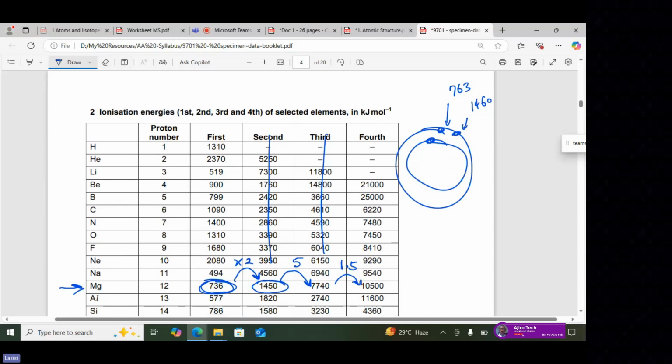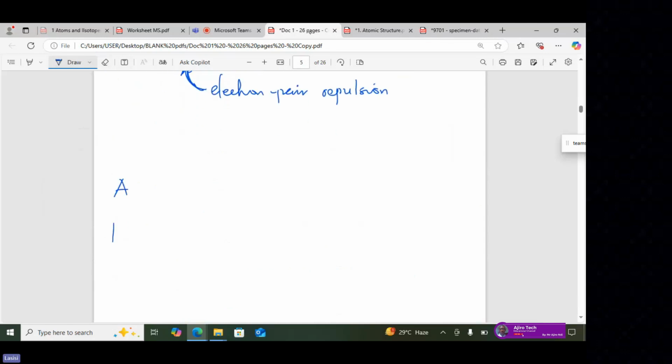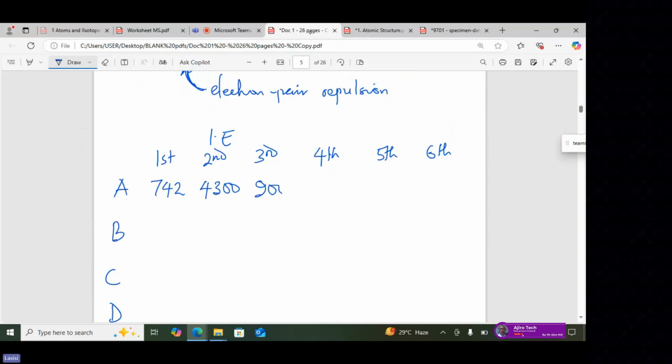Is that okay? Now let me give you values down so that you can make sense of A, B, C, D. IE values: first, second, third, fourth, fifth, sixth. A: 742, 1,000, 4,300, 9,000, 17,100.